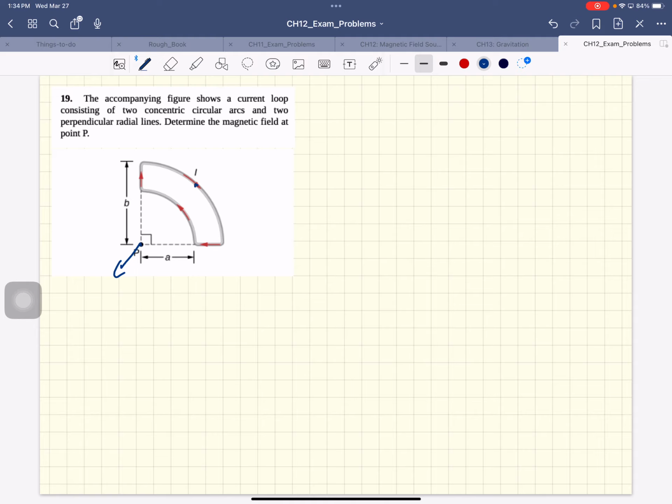So if you have a ds element like this, how do you figure out the direction of the field there? You point your thumb in the direction of the current, and your fingers point in the direction of the field. So this guy will produce a field that's coming out. Similarly, this guy will produce a field like that.